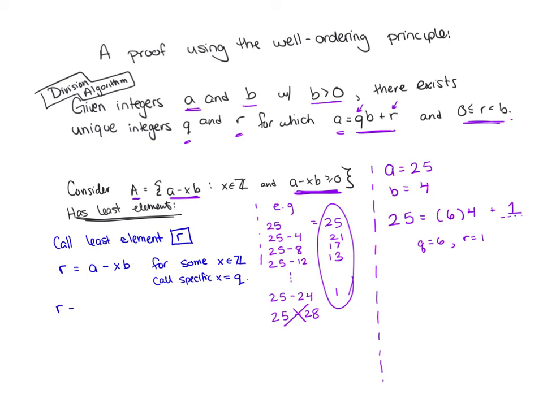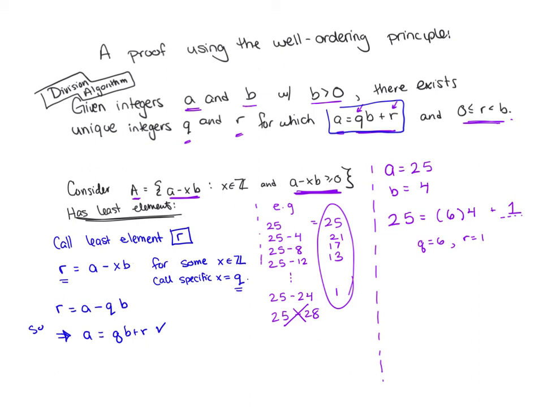So I have r is equal to a minus qb. So then, if I rearrange things, I get that a is equal to qb plus r. That was the first thing I wanted to show. So I found integers r and q such that a was equal to qb plus r.